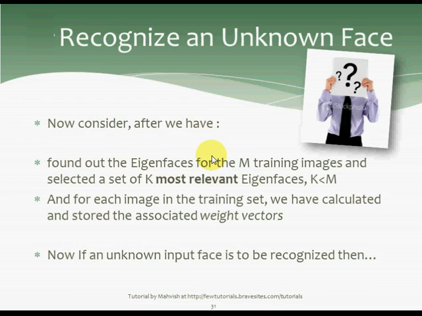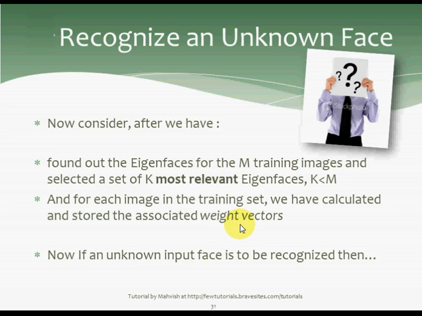Now we have trained our recognizer, where we had a training set of M images, and we calculated the eigenfaces, and we selected the K most relevant eigenfaces such that K was less than M. And for each image in the training set, we also calculated and stored the associated weight vectors.